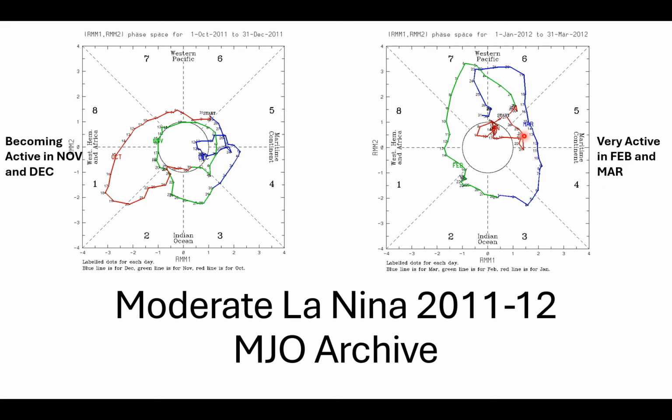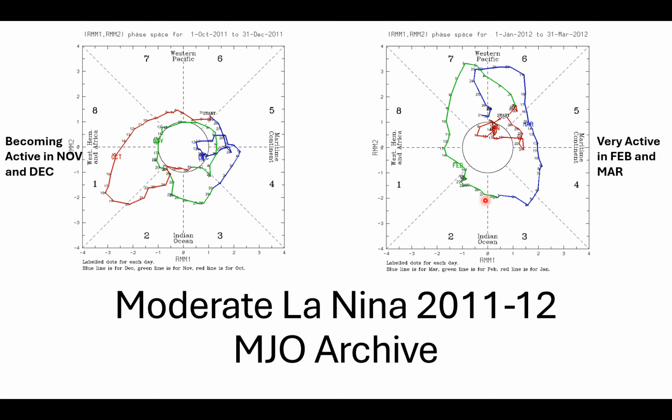Over here on the right, we see it was very active in February, which is the red line. I'm sorry, no. February is the green line, so notice how in February, how it got stronger. MJO got stronger in phase 7, then it rotated into phase 8, which is going to be a colder phase in February for the eastern U.S., and then it rotated into phase 1, then phase 2.